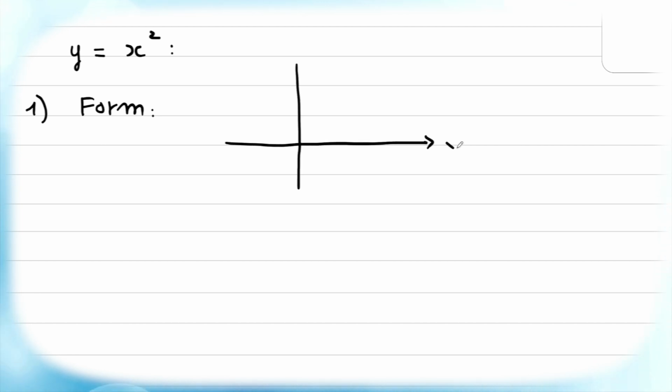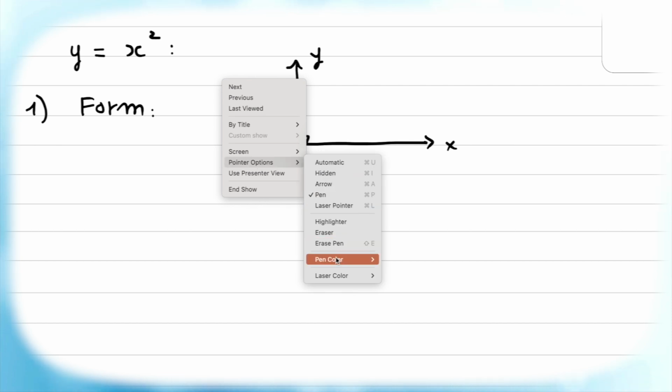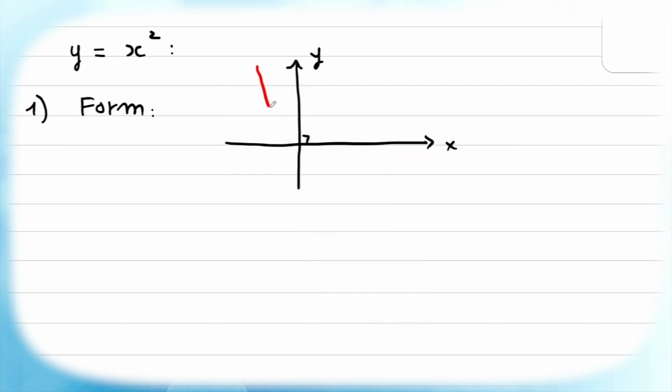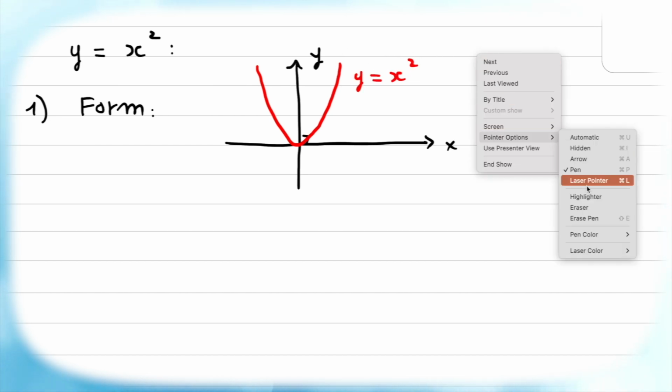The first one, we got y equal to x squared, and the form of this graph will be like this one. Here is the x and y intercept, and then the graph of the parabola will be like this one. Okay, so here is y equal to x squared.